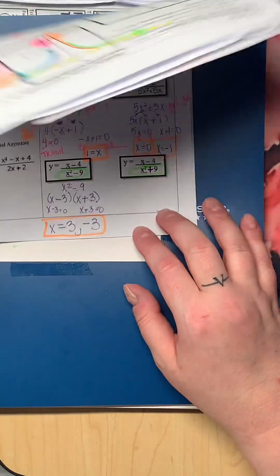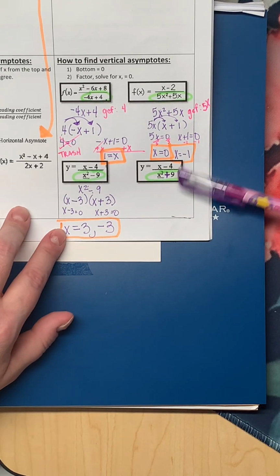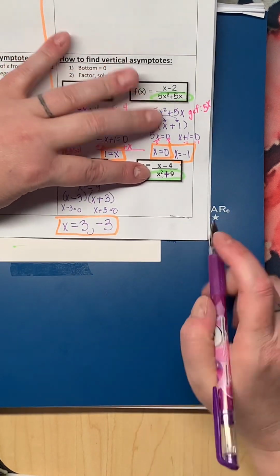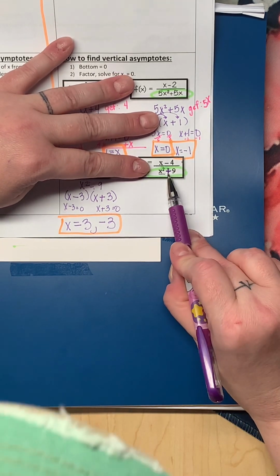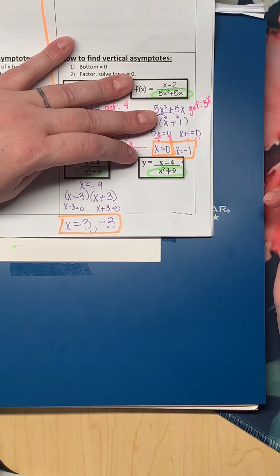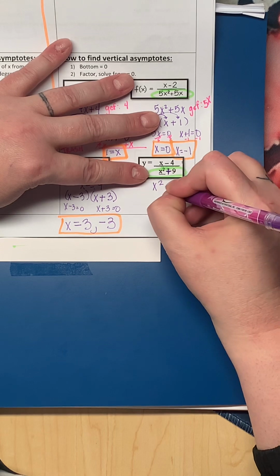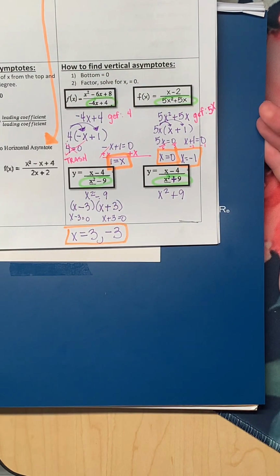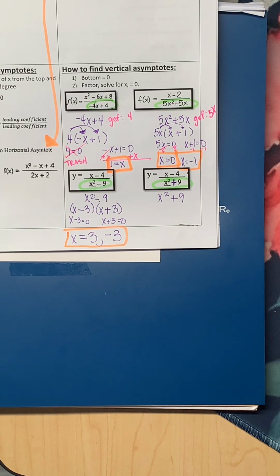Okay, this last example, I told you there was a typo. There was a plus sign. There's a reason I did that. On your homework, you will have something like this where there's a squared and a plus, and it's called a sum of squares. So I'm going to take out this denominator, x squared plus 9. But then I cannot factor it because it's a sum of two squares.